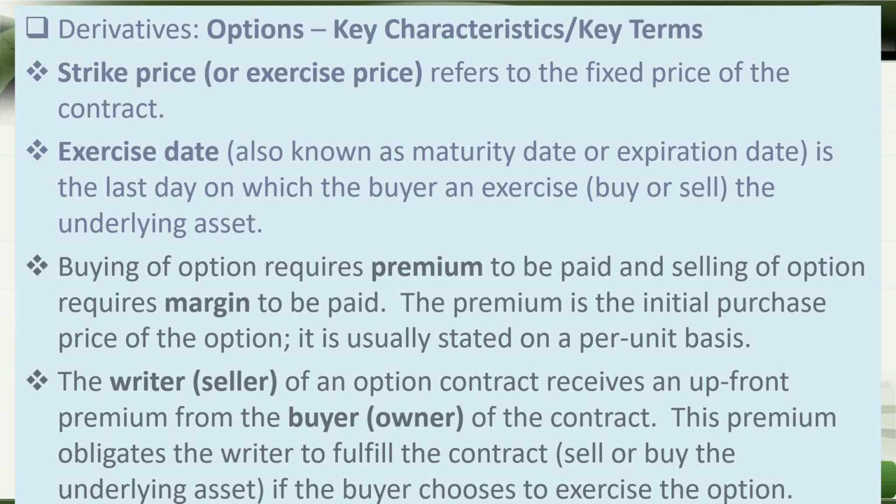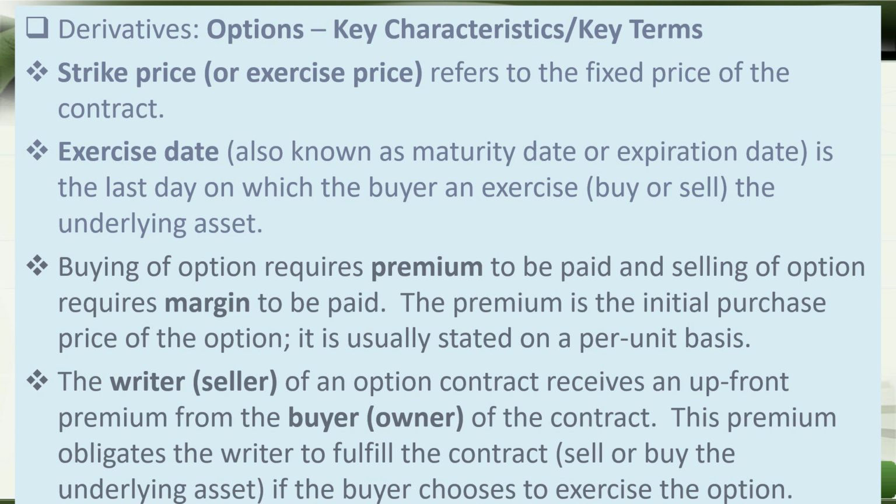That means if the buyer of that option exercises it, that price is the strike price, or exercise price. The exercise date is also known as the maturity date, or expiration date. It is the last day on which the buyer, whoever wants to exercise a buy option or sell option of that underlying asset, can do that, not after that.